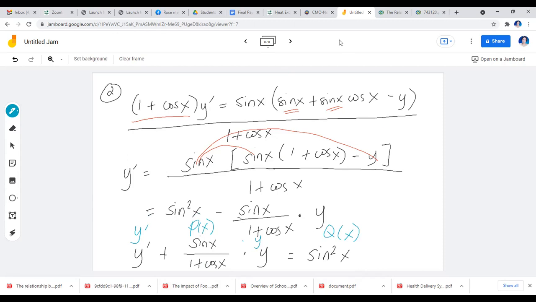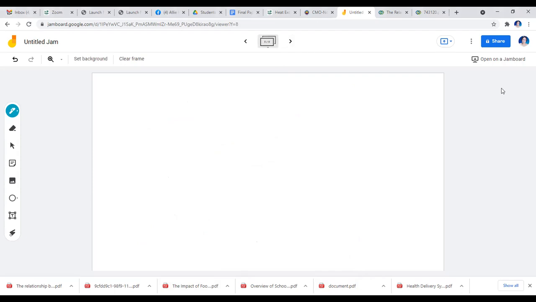Now, if we proceed to the next slide, it's okay not to clear my markings. Your phi is equal to e raised to the integral of p of x dx.